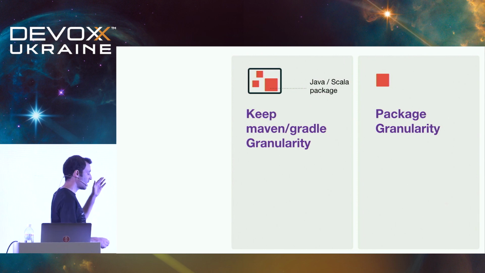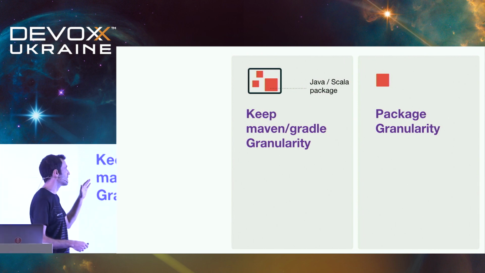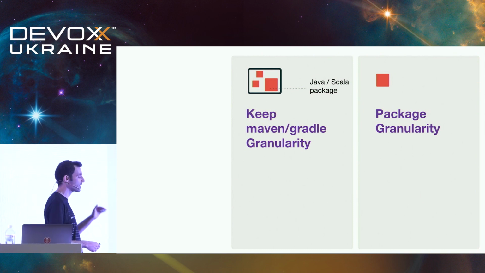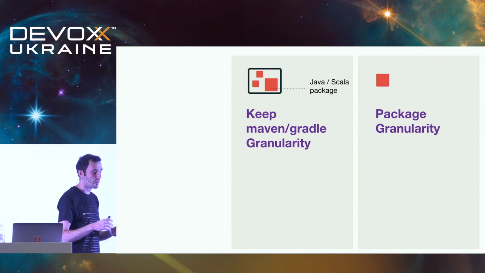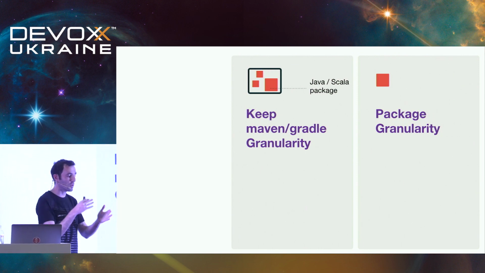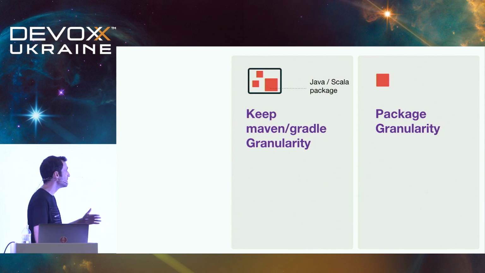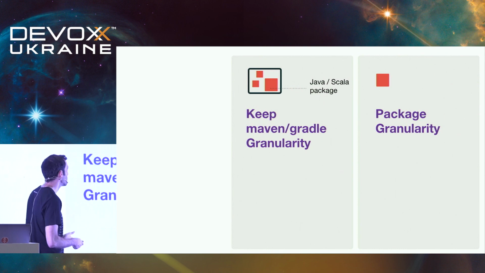If you use Maven or Gradle, then you have Java or Scala packages inside one big module, and you put in one configuration file there, and it knows how to scan it and do the build.